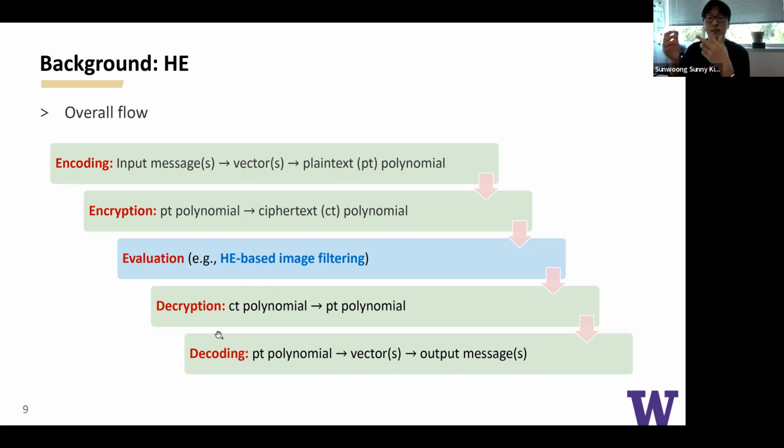Finally, the plaintext polynomial is converted into a vector and users can see the resulting messages. Typically, this evaluation part, working on the server side, has much higher computational complexity.